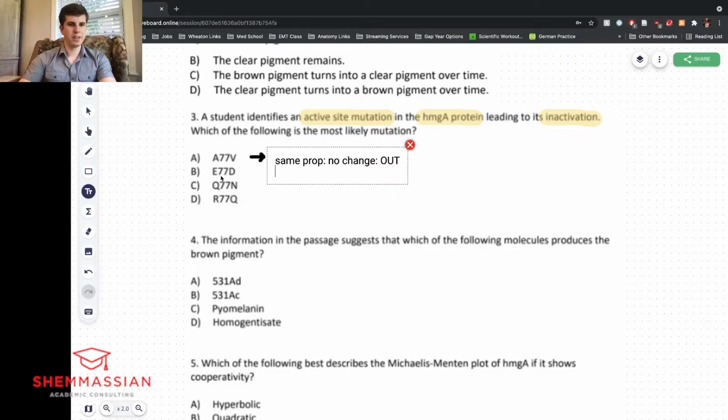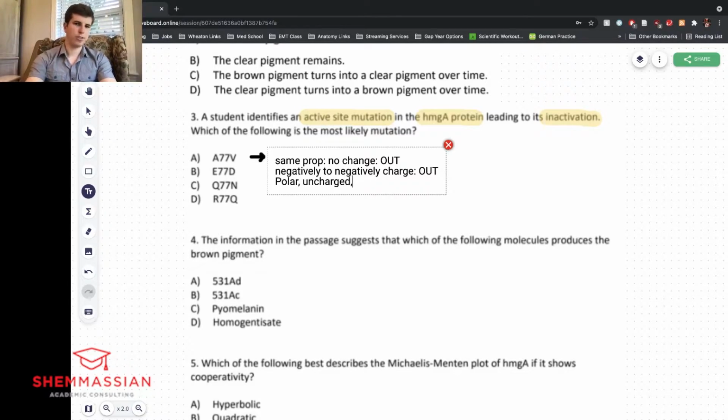Then we see E to D. That's negatively charged to negatively charged. That's out. We're seeing no change there either. So I'm starting to see a trend here. We're seeing no change, no change. I'm guessing out of these last two, one of these is going to be making a change and the other one is not. Okay, Q to N. Q is polar uncharged.